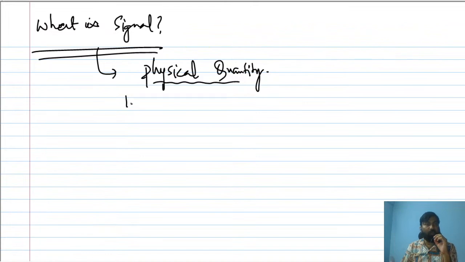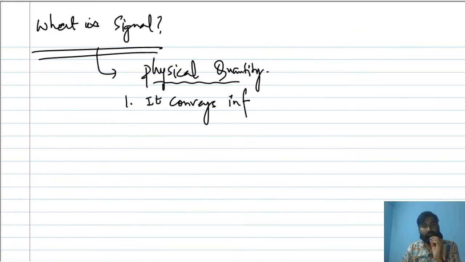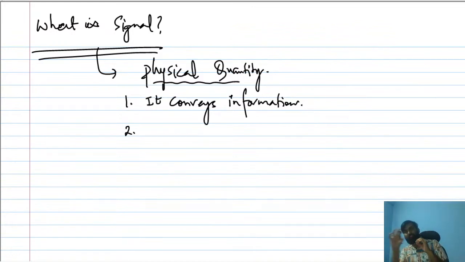So the first property is what? Any physical quantity should have two or three properties. If any physical quantity conveys some information, or if it exhibits some variation, if it shows some variation, okay, any physical quantity will be there.